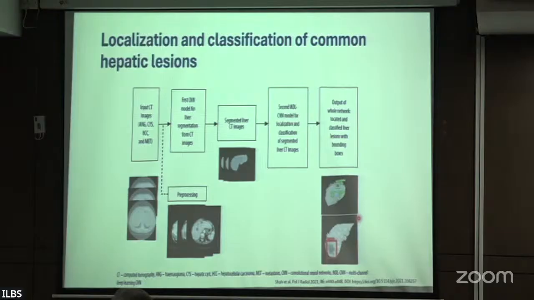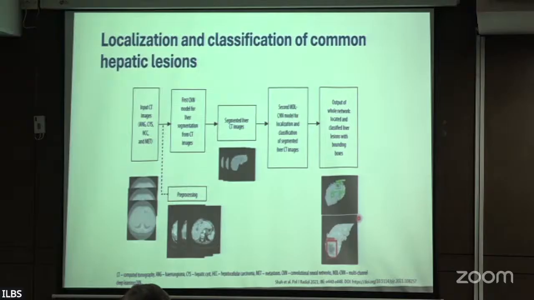Multiple lesions, the machine can do it, and multiple lesions can be processed at once, like in lung CT, where nodules are everywhere.